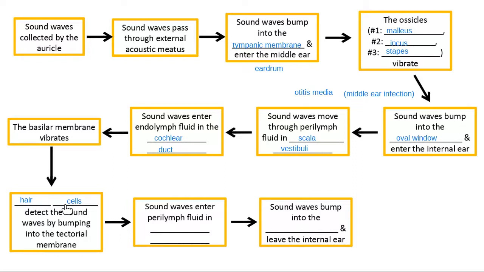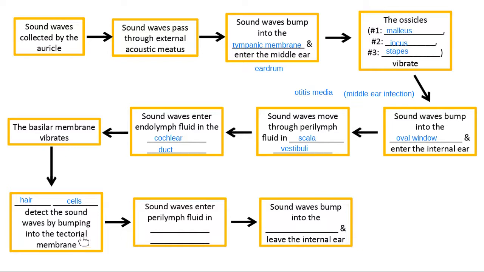When we talk about hair cells, they get their name because they have all those hairs that are sticking up. When the basilar membrane underneath them starts bouncing, the hair cells start bouncing too, and they bump into the tectorial membrane.